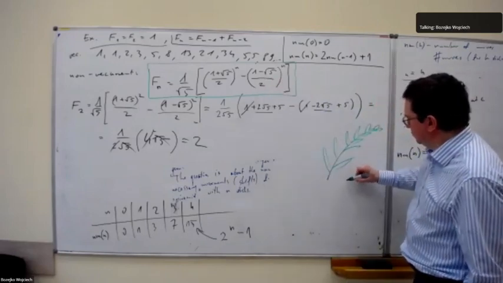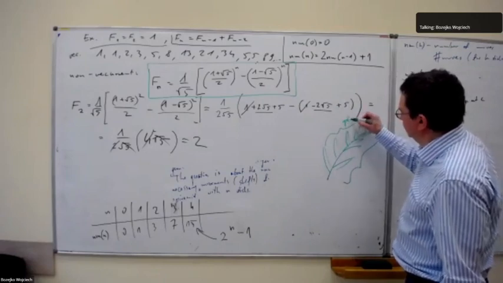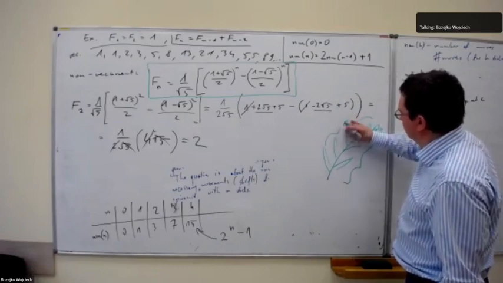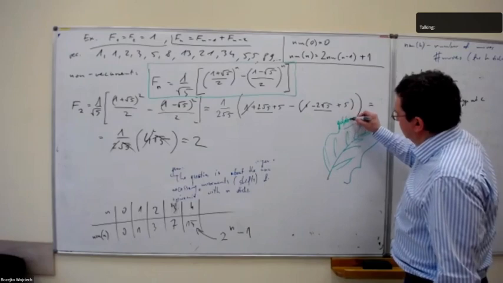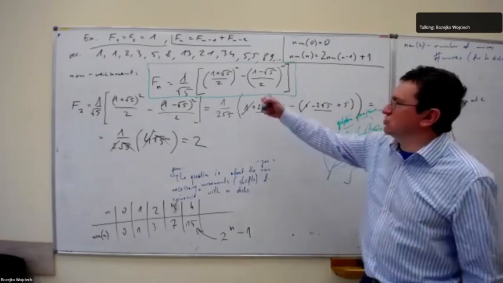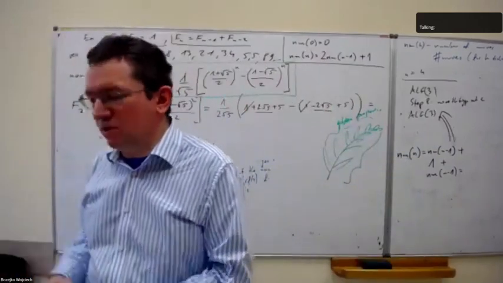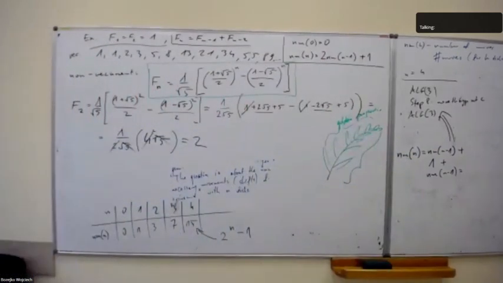For instance, this one to this one, golden proportion, and this is the golden number. But this is just a name.